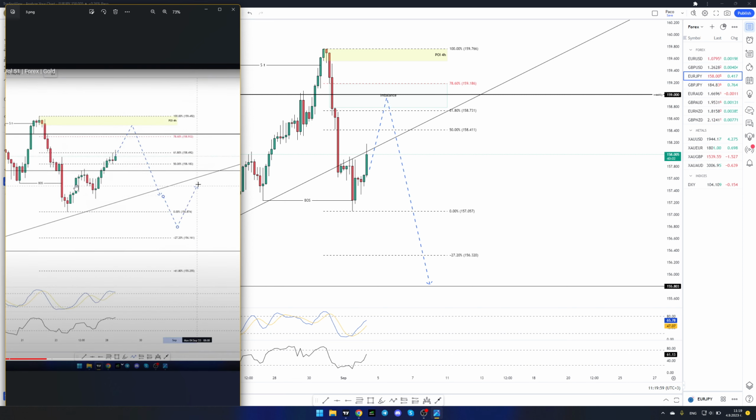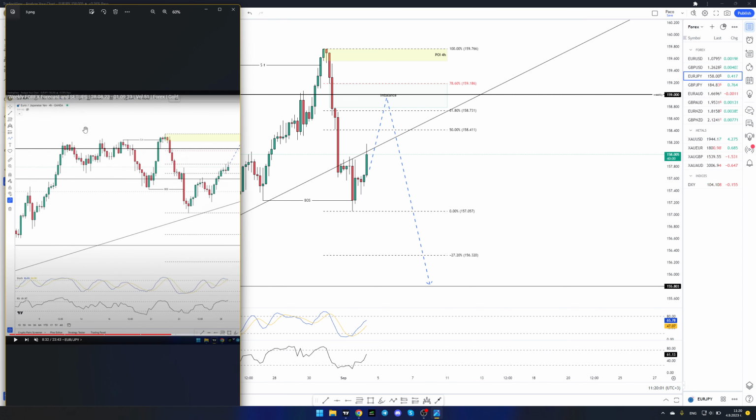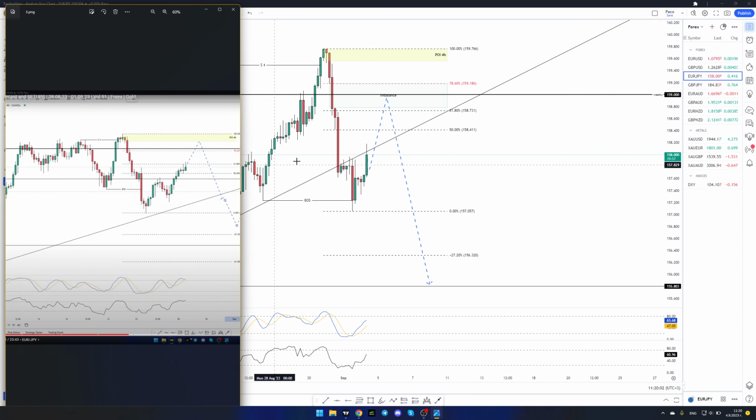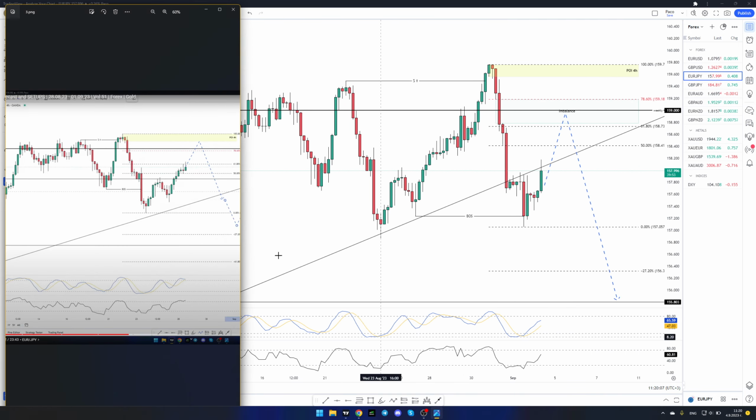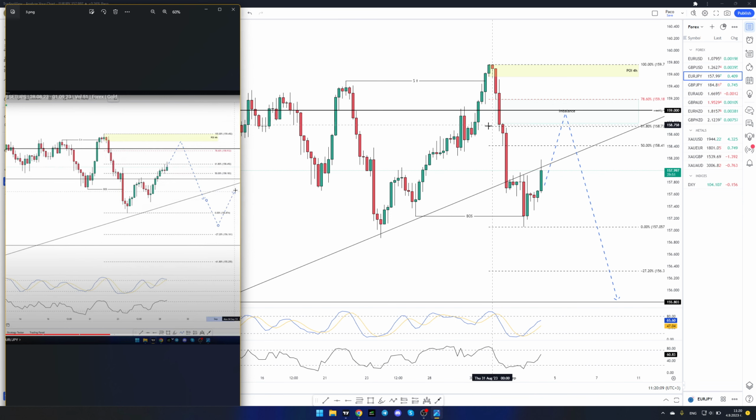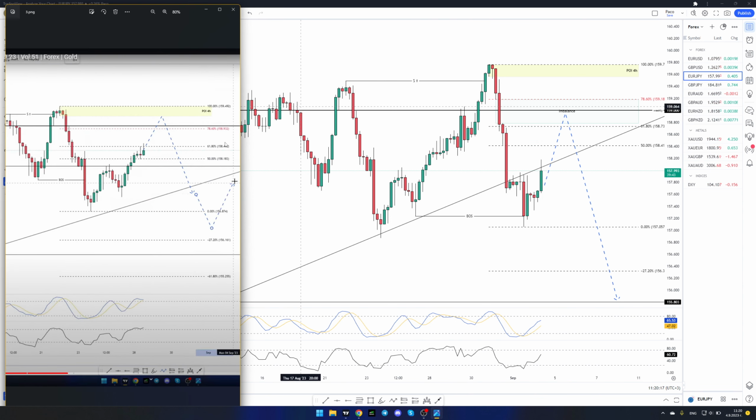And let's take a look at the picture from the last week. It was on the 4-hour time frame. Okay, so the price was right here. And what we said we expect last week. We expected the price after this strong impulse wave right there.